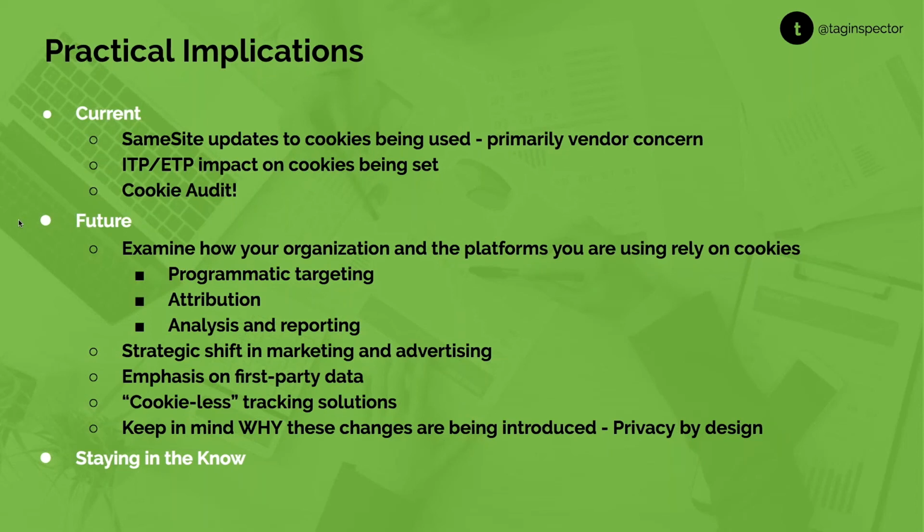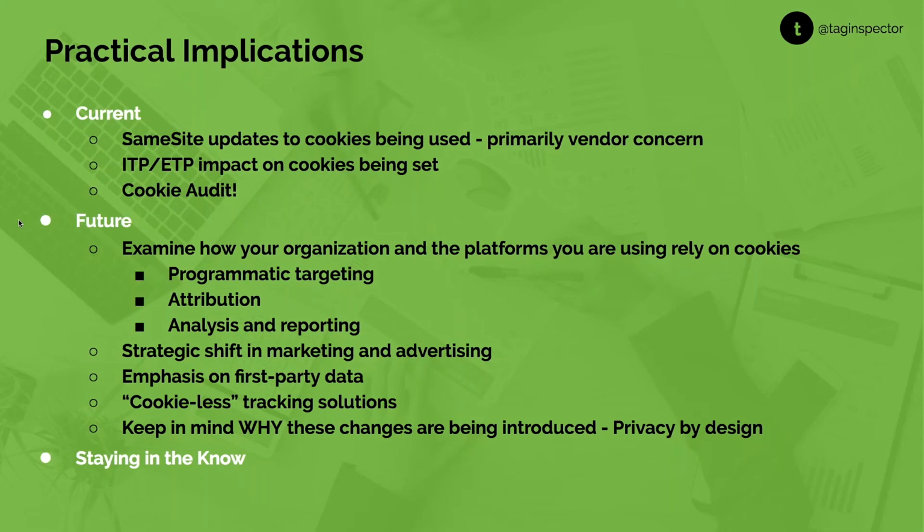So as you're thinking about strategies, or different ways of working within this new paradigm, it's important to keep privacy front of mind and really use that privacy by design type of thinking as we're thinking through marketing, advertising, and analytics strategy.